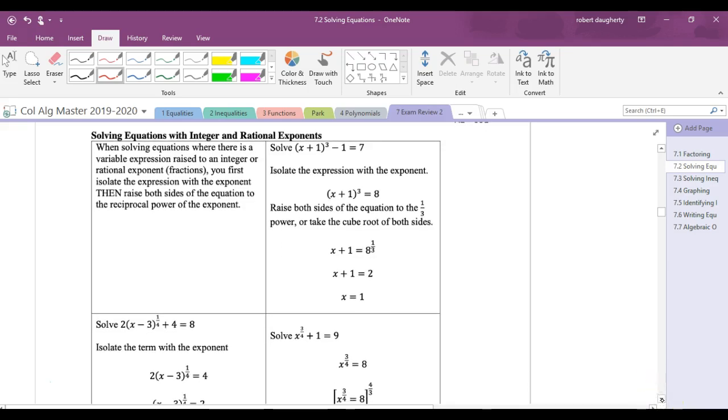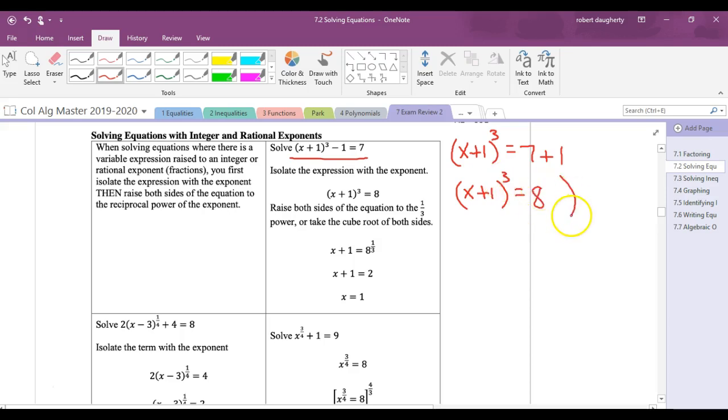Now, we move into solving equations that have integer and rational exponents. The key here: whatever you see that's raised to a power, get it by itself. So in this equation, I could write x plus 1 cubed is equal to 7 plus 1. I'm moving that 1 to the other side of the equation. X plus 1 cubed equals 8.